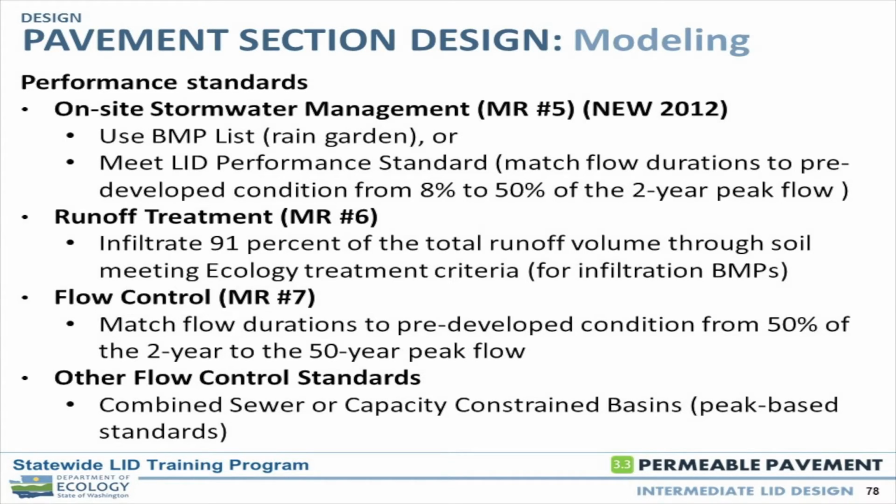To meet MR6 for treatment, we want to show that we're infiltrating at least 91% of the average annual runoff volume down through the soil below. So we will probably, in that case, if we were designing permeable pavement, just say we're just going to meet MR6, we would set our subsurface overflow elevation.